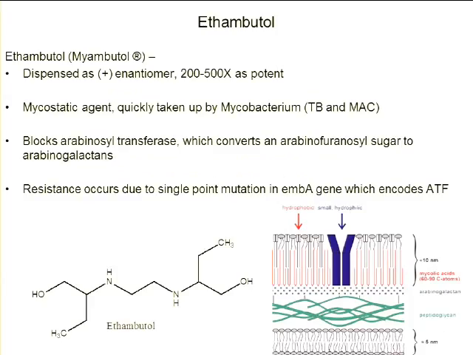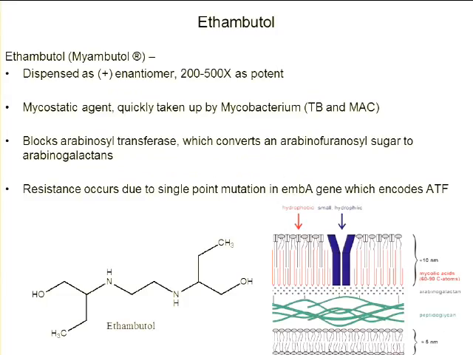And what it does is it blocks arabinosyl transferase. Arabinosyl transferase is the bug's enzyme that takes these arabinopyranosyl sugars and converts them to the arabinogalactans that we talked about.